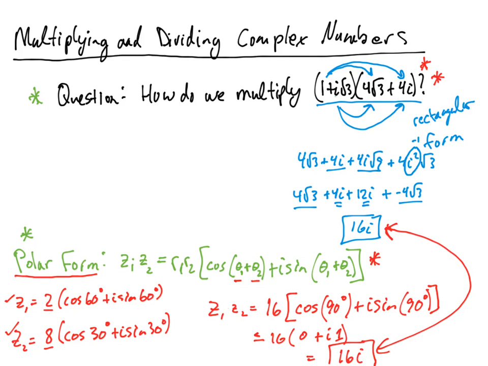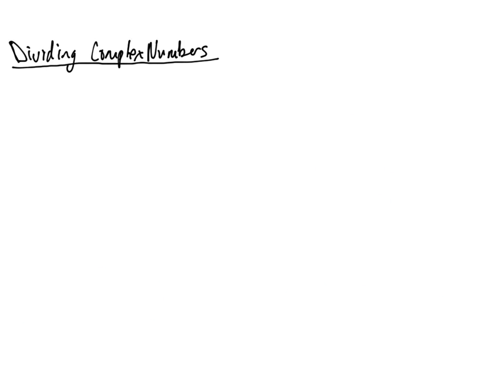So depending on how the number is given to us, whether we're in rectangular form or polar form, that will determine how we want to multiply. There's a similar algorithm when we want to divide complex numbers.